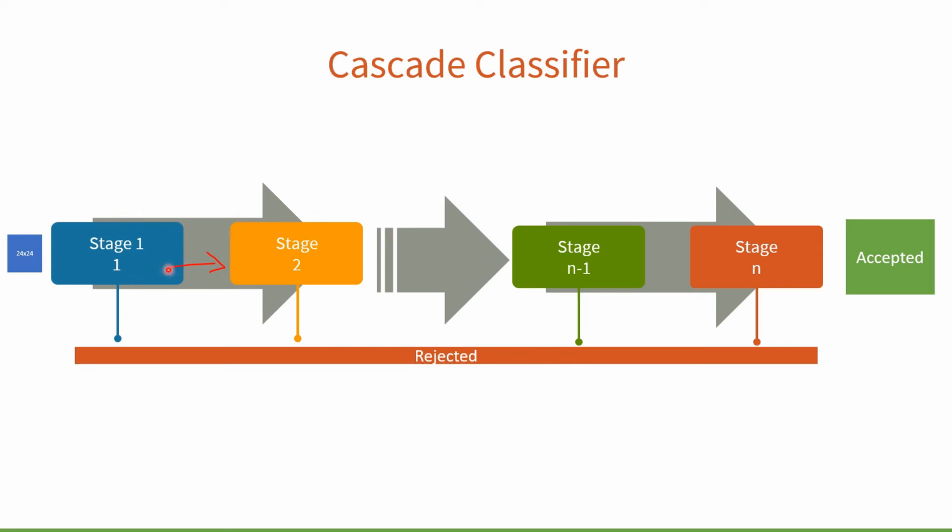Here is how we train this model. How you fix the threshold is called training, and how to arrange the number of hard classifiers in each stage you can do manually. But how do you fix the threshold?